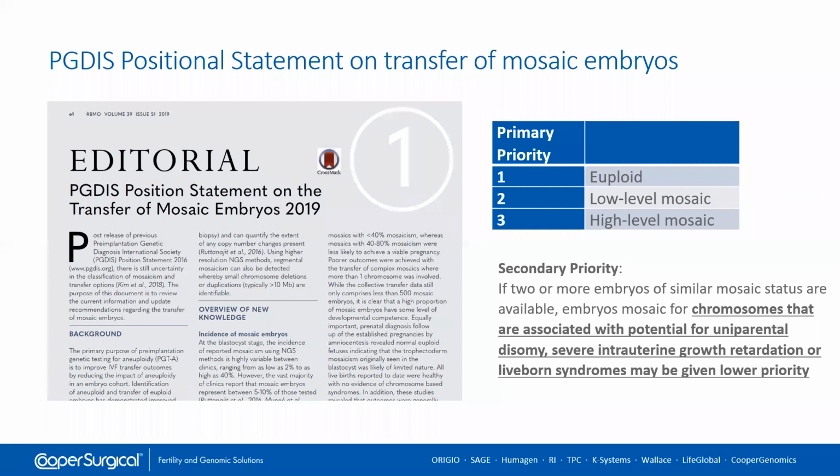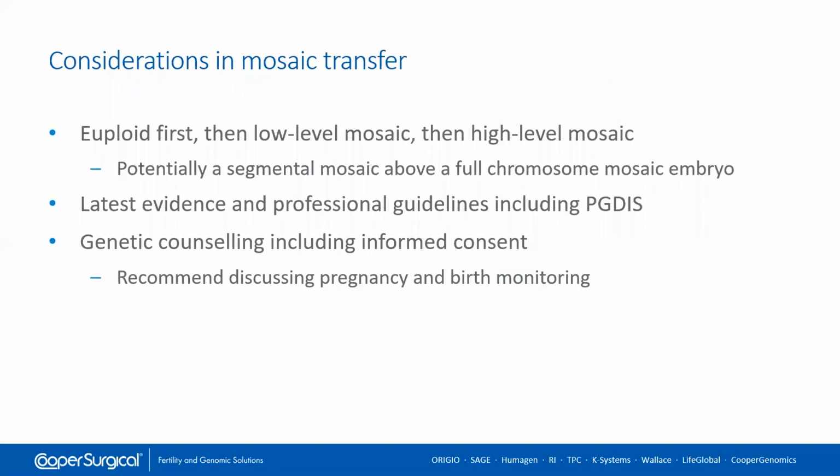There are other chromosomes which can affect the placental growth, so you have severe intrauterine growth retardation. Again, we've known for many years that chromosome 13, 18, 21 have a risk of a live birth outcome. So you may want to give those a lower priority than, say, a chromosome 10, which, if it is a full trisomy, is not going to result in a live birth. So how you transfer and prioritize embryos based on lots of information is going to be important within a clinic.